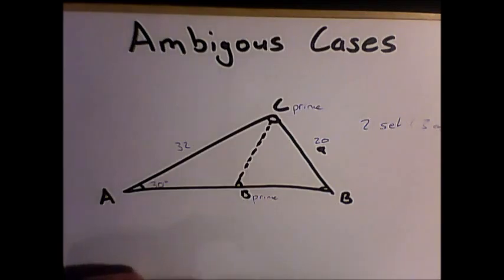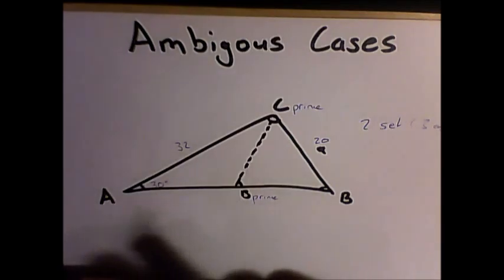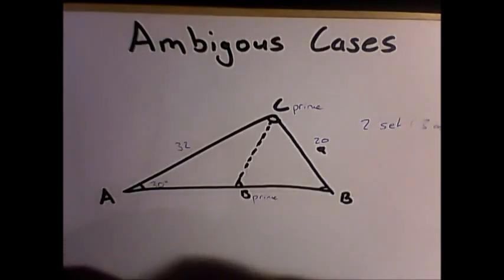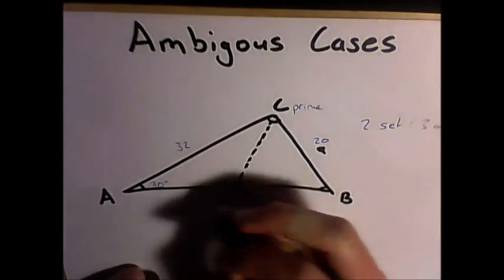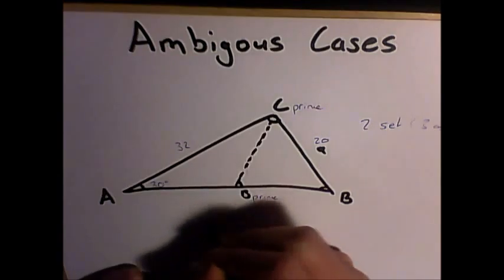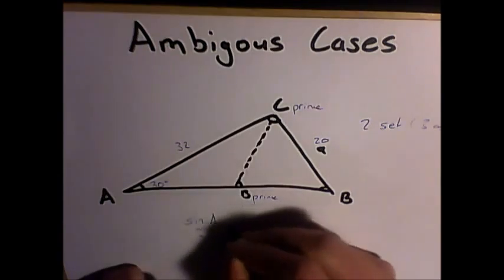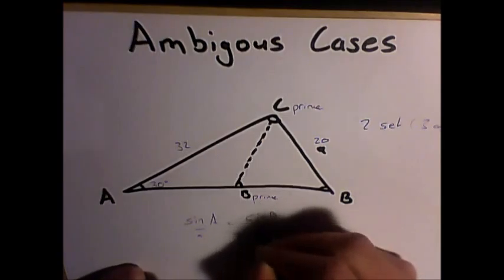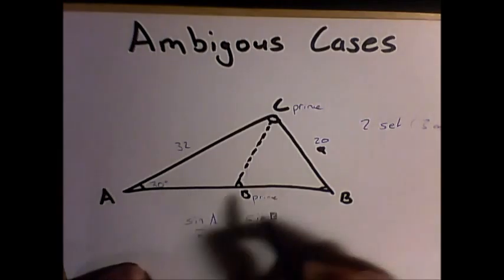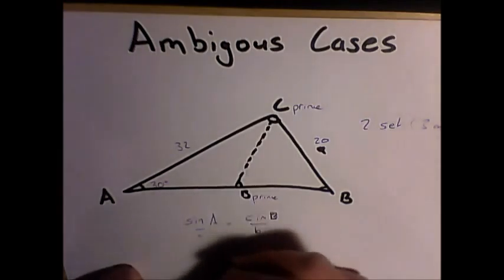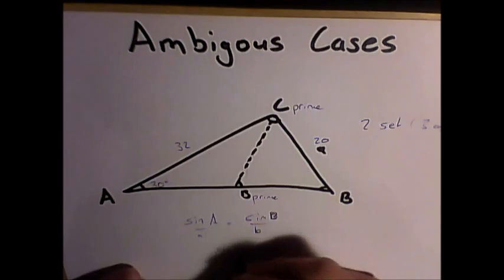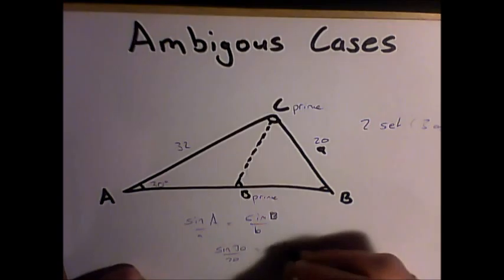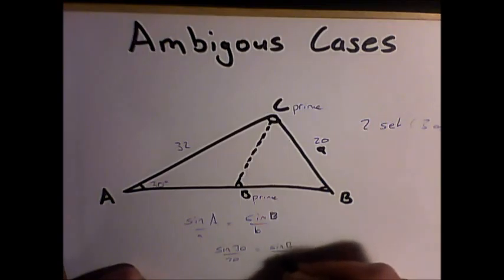So here I've put in a few values, and I've only given our angle A, side A, and our side B. The number of values that we have here looks kind of sparse for how confusing our ambiguous case triangle might be. But if we use our sine law, where sine A over side A equals sine B over side B, we can find all the angles that we really need to. So here we have sine 30 over 20 is equal to sine B over 32.